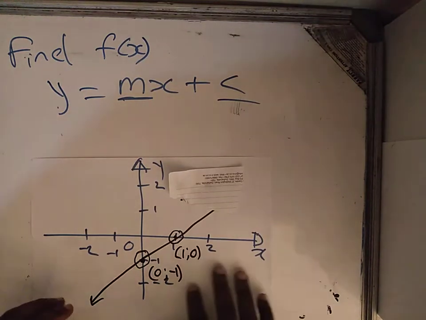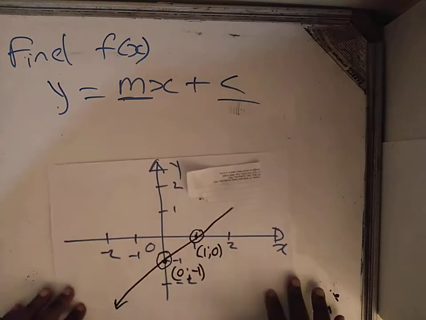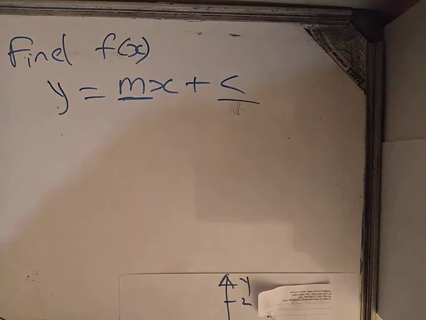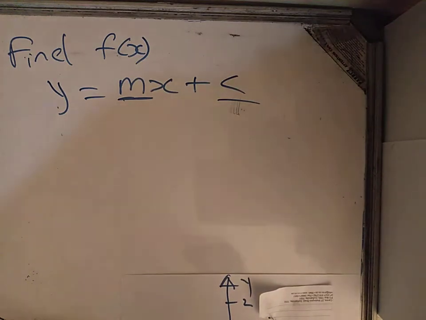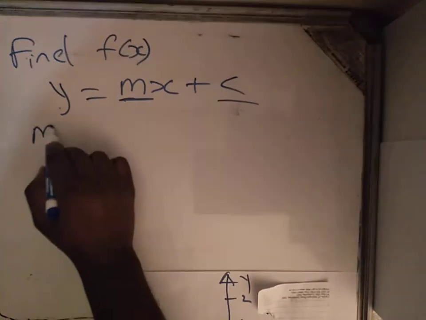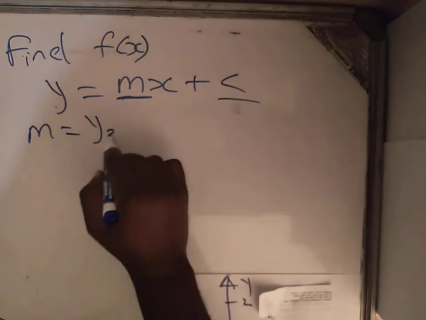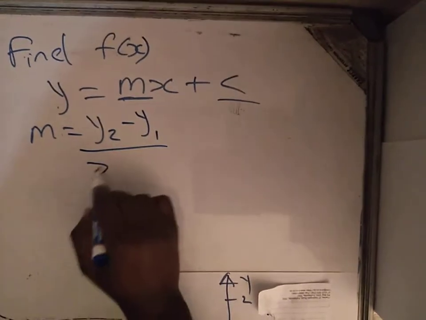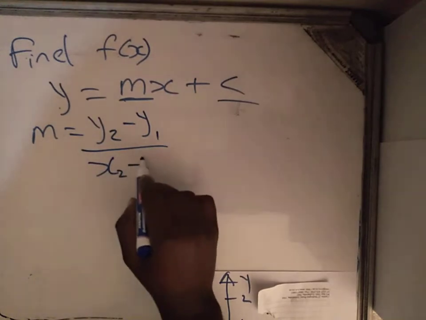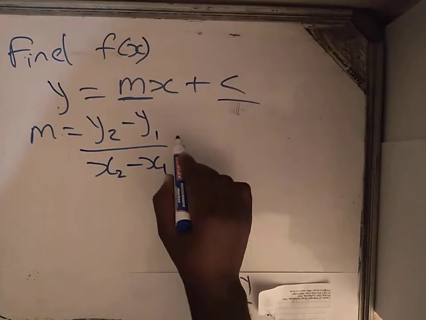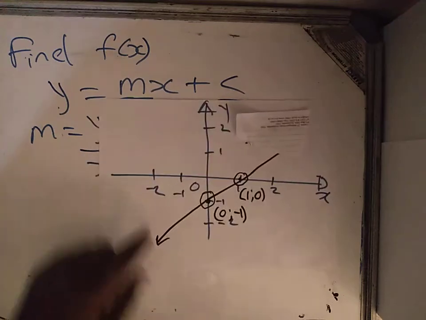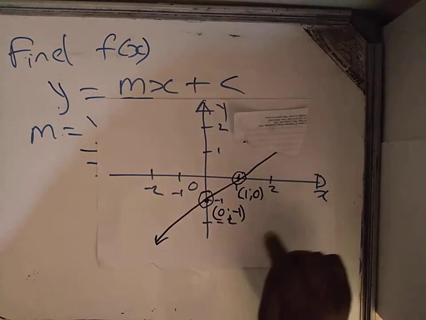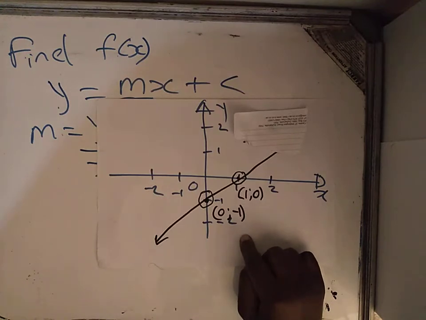Okay, so what I can do is I will start looking for m. All right, and then as I remember, m is equal to y2 minus y1 over x2 minus x1, and between these points, let me make this point 2, and let me make this point 1.